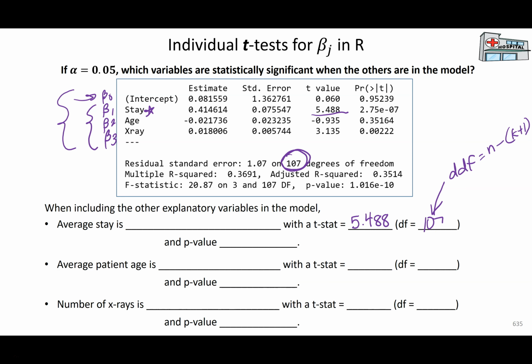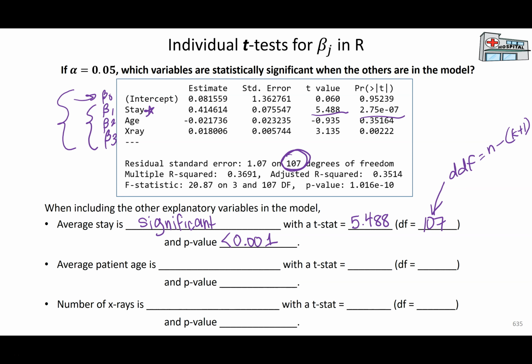So 107. The p-value is pretty small. So p-value less than 0.001. So knowing this, I would say, okay, well, average stay is a significant predictor of infection risk.